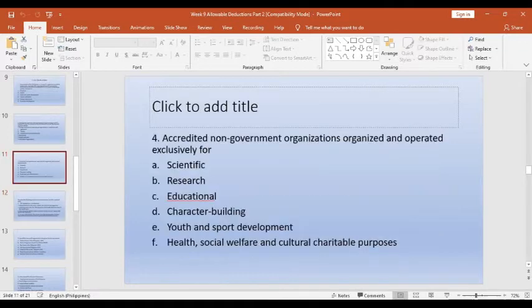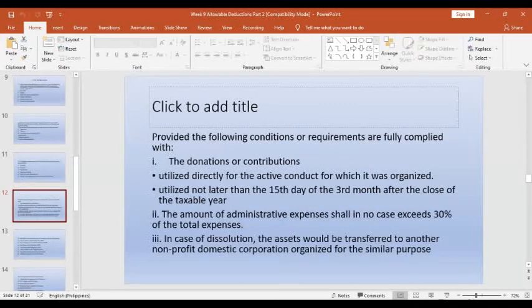For example, an individual taxpayer donated to a non-government organization, let's say Hospicio de San Jose, and the Hospicio de San Jose will be closed. So whatever donations were given to Hospicio de San Jose, which is already dissolved, will be transferred to another nonprofit organization similar to Hospicio de San Jose, as an example.